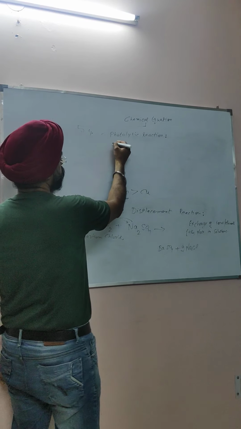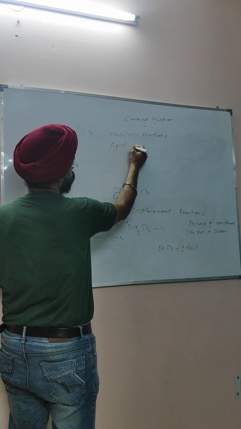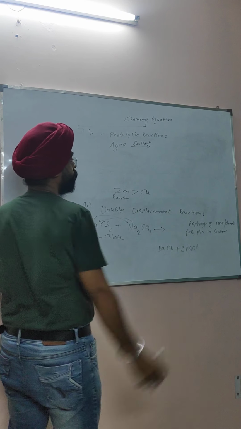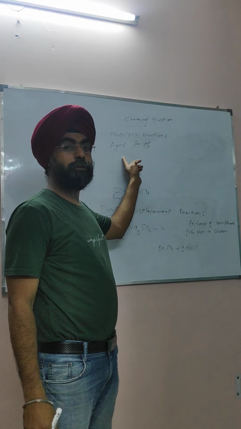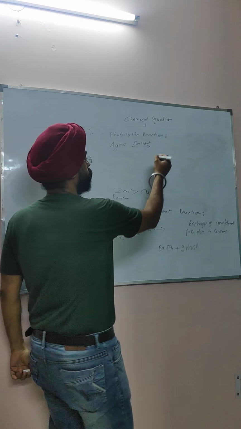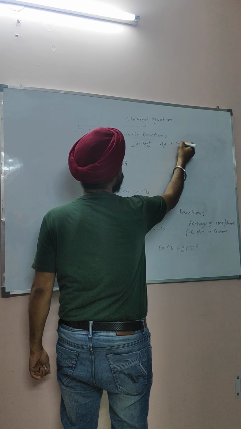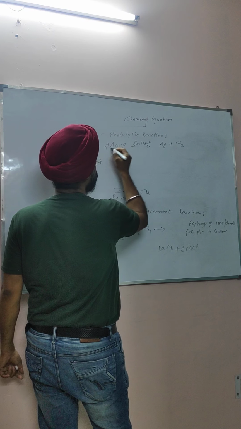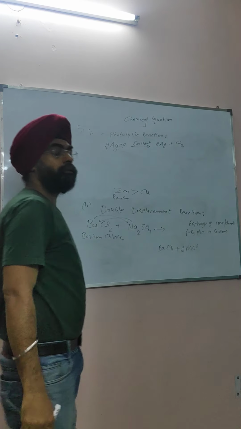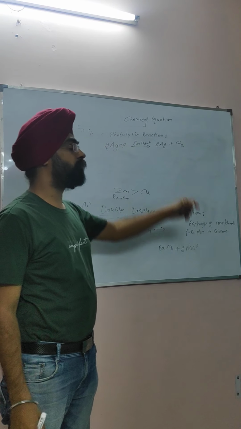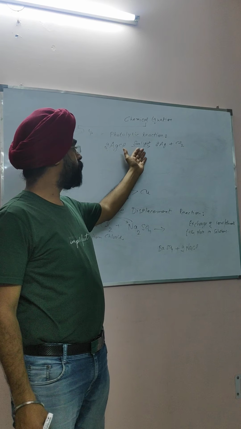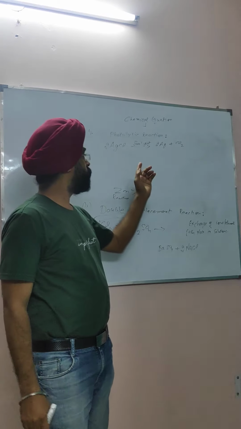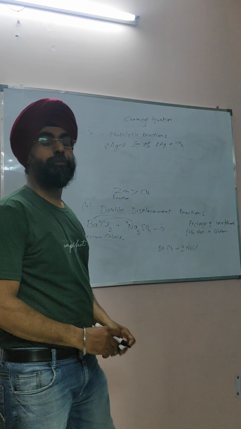Whenever silver chloride, AgCl, reacts in the presence of sunlight, sunlight is required to complete this reaction. AgCl breaks down into silver and chlorine, Ag plus Cl2. We will balance this reaction by putting 2 on AgCl and 2 on silver. So this is the balanced equation of the photolytic reaction. Whenever silver chloride reacts with sunlight and breaks down into silver and chlorine, both are separated. This type of reaction is called photolytic reaction. It takes place in the presence of sunlight.